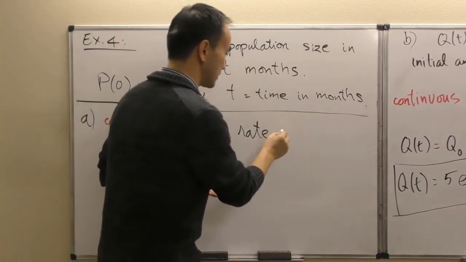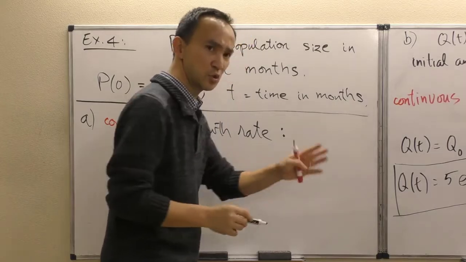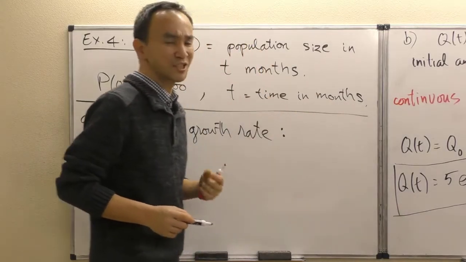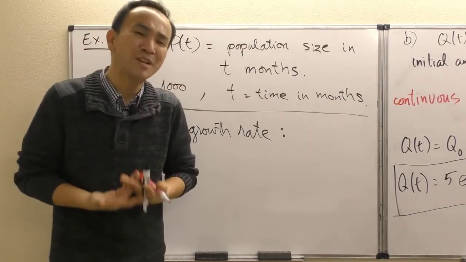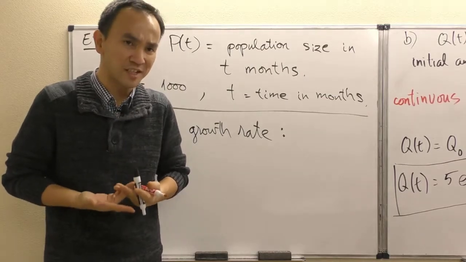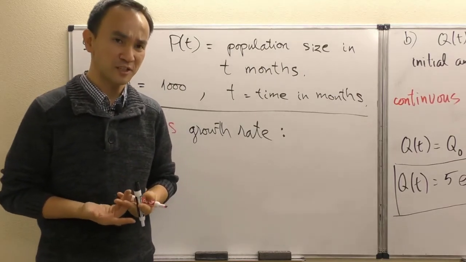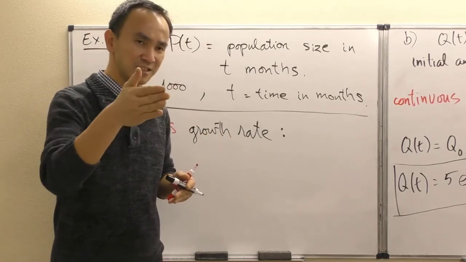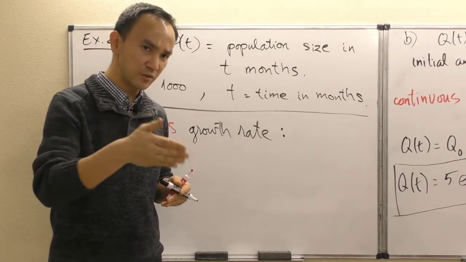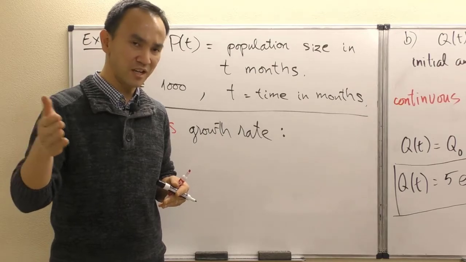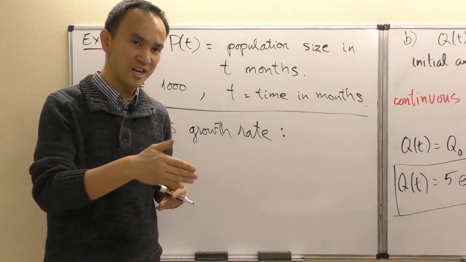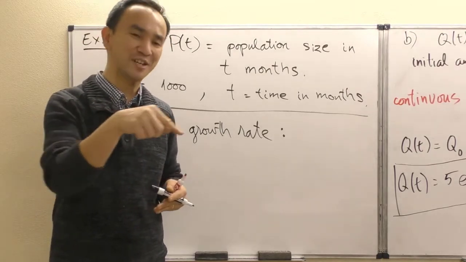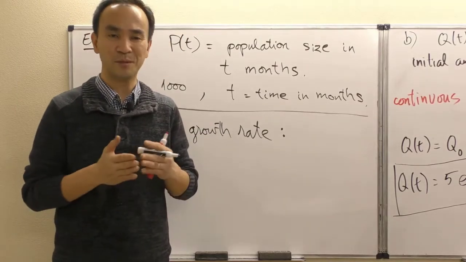And with this growth rate, let's use K. Let's get straight to that. It's common enough throughout textbooks, including the textbooks written by Professor James Stewart, that we use K as the continuous growth rate in a continuous growth model, whereas we're using just the traditional lowercase letter r for the periodic rate.